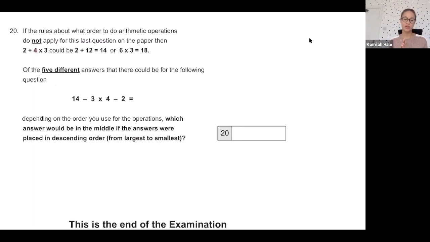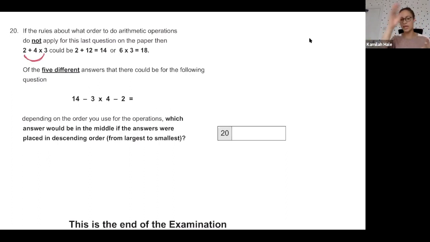So can you start trying to work out some ways that we can do this in different orders? Now, just one thing before you start. Remember up here, you have to keep the numbers in order. So you can't do like 2 times 3 and then add the 4.